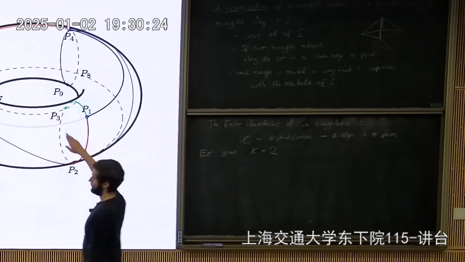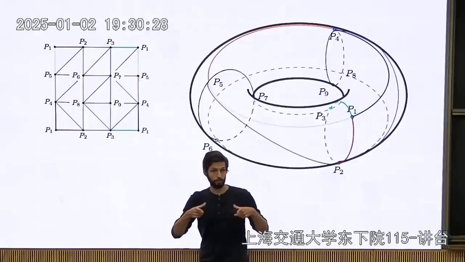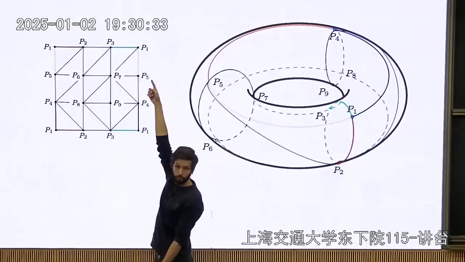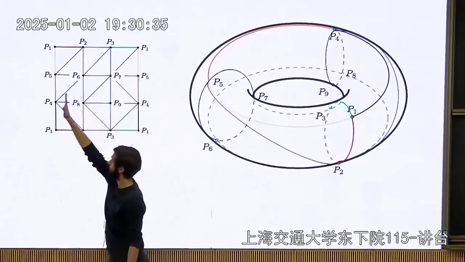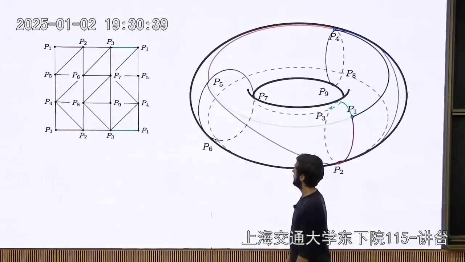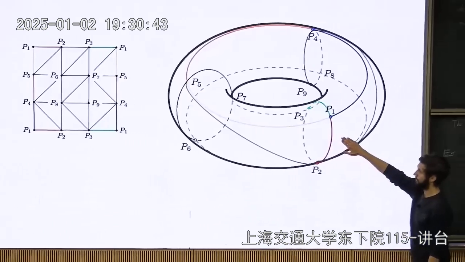One way to represent it is with a square, and the torus is obtained by gluing this side over to this side, and this side with that. So that's the torus. And if you plot it in the picture, you get something of that sort.